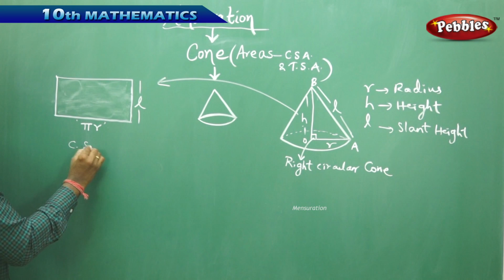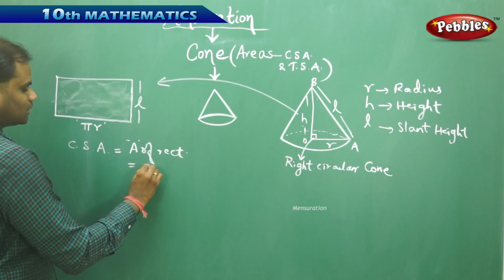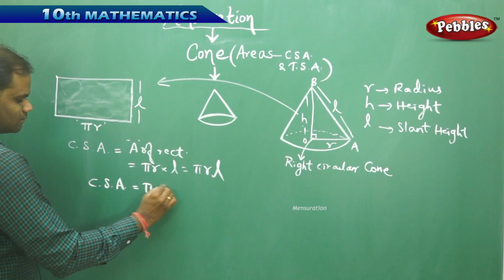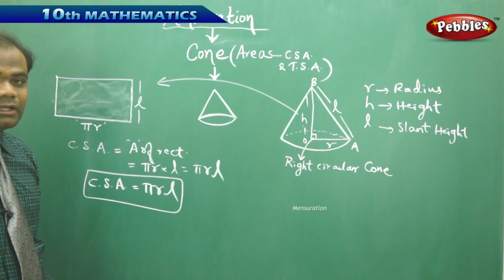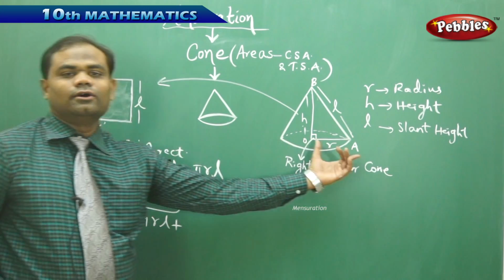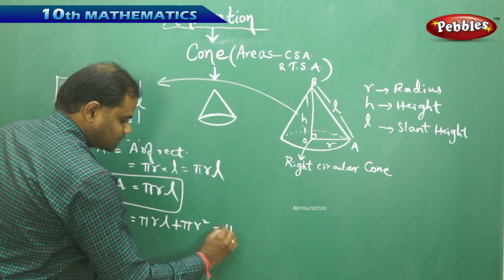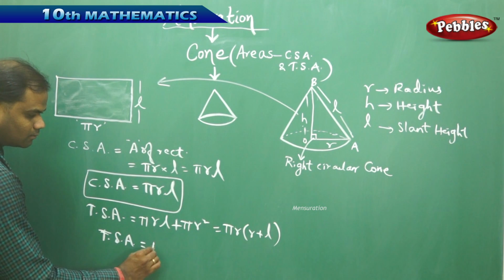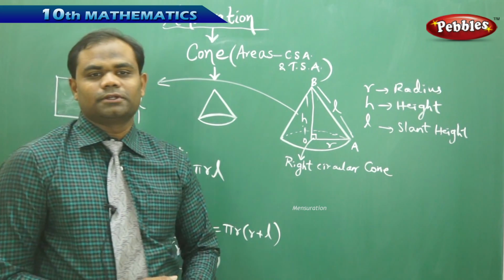So my CSA is nothing but the area of the rectangle which I have obtained here, which is pi r into L, that is pi r L. So my curved surface area is pi r L. Similarly, the total surface area is pi r L plus the area of the circle which is missing here, that is pi r square, the base, which on simplification gives pi r into r plus L. Therefore, the TSA of a cone is pi r into r plus L.